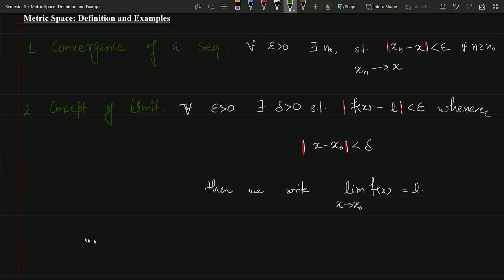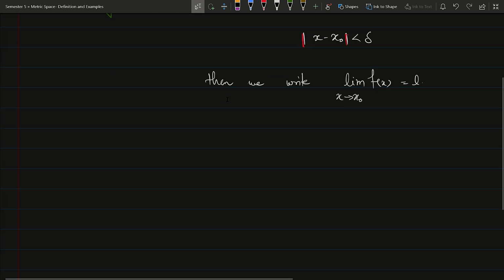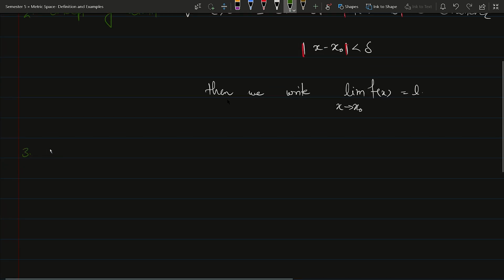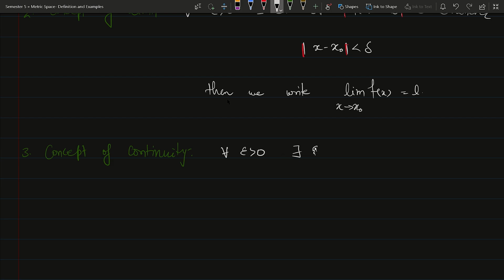Then we have the concept of continuity, third, the concept of continuity. It says for all epsilon positive there exists some delta positive such that we have |f(x) - f(x naught)| is less than epsilon whenever we have |x - x naught| is less than delta.